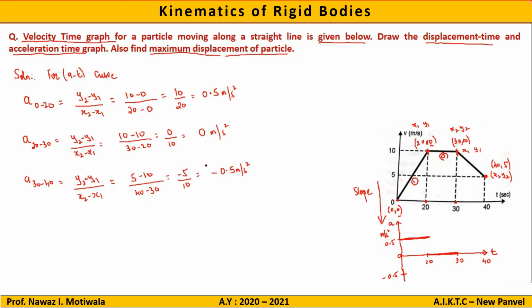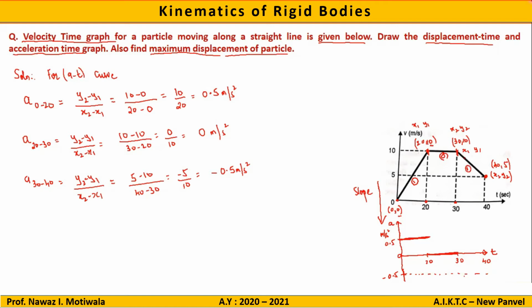For the third part, the value is minus 0.5. Minus 0.5 means somewhere here on this particular line between 30 to 40. Again we can see that the line has a degree 1.